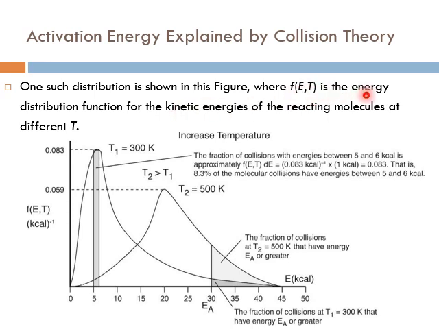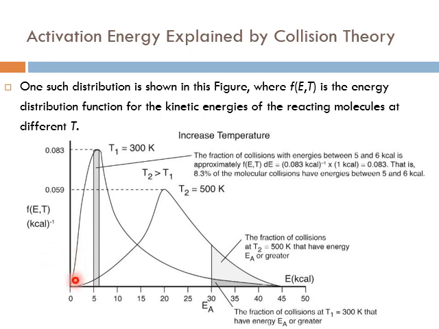F is the energy distribution function for the kinetic energies of the reacting molecules at different temperatures. So let's assume we have a system of A and B, or for simplification, let's just say A, where A is a reactant and B is a product. Let's look at the energy distribution for this given system, which has A molecules.